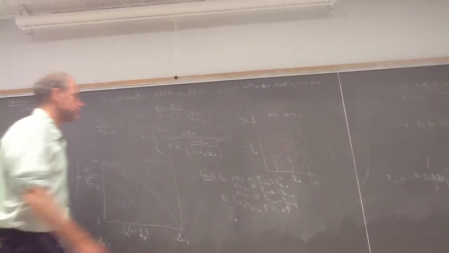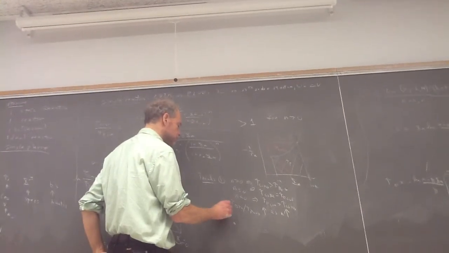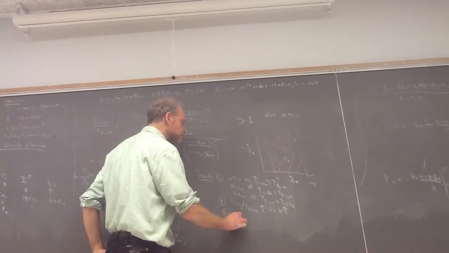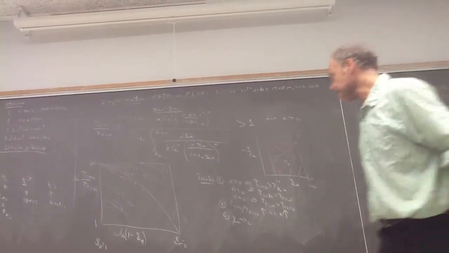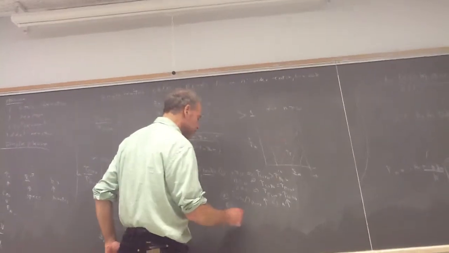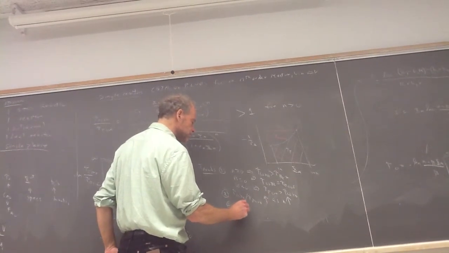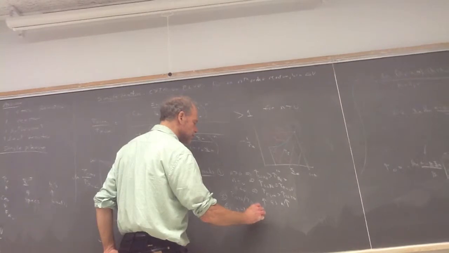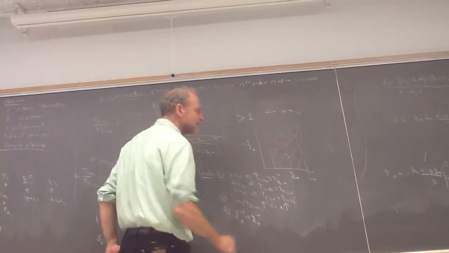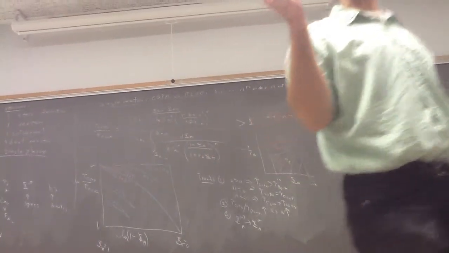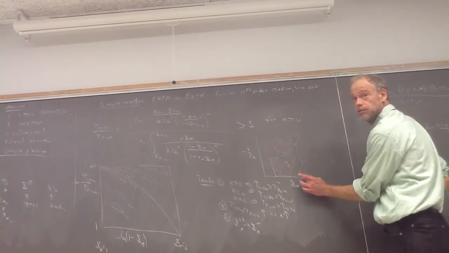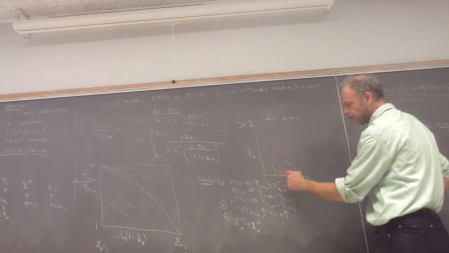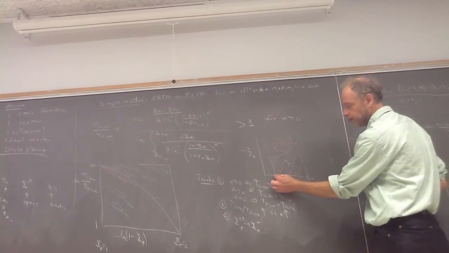What else? As XA goes to 0, well, what happens? As X out goes to X in, the conversion change in the reactor gets small, so the base gets smaller and smaller. So instead of going from here to here, let's say I only go from here to here.